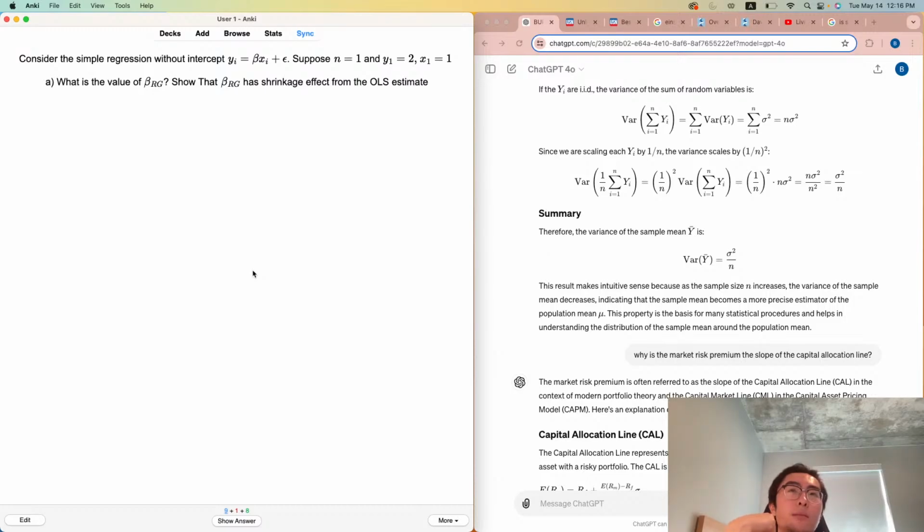Same idea, we have 2 minus beta ridge times x_i, squared. So we square that term, and then we add, in this case, just lambda times beta ridge.